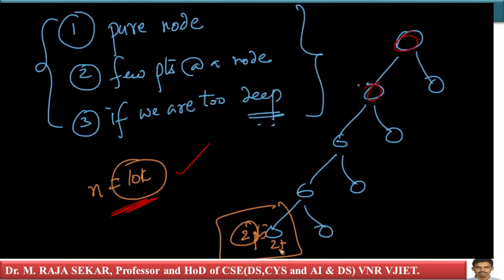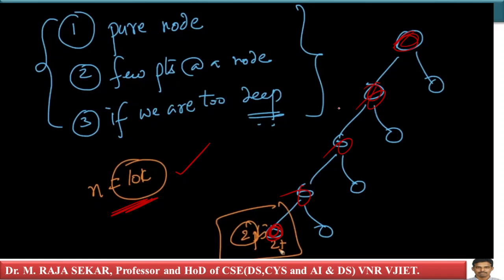Eventually, if I reach a node like this, how many if-else conditions? 1 if-else, 2, 3, 4, even strictly speaking, 5 if-else conditions.